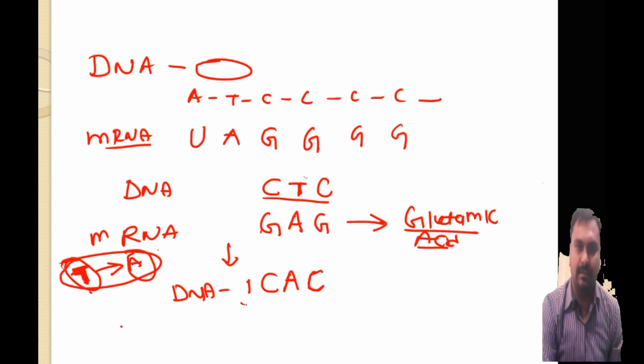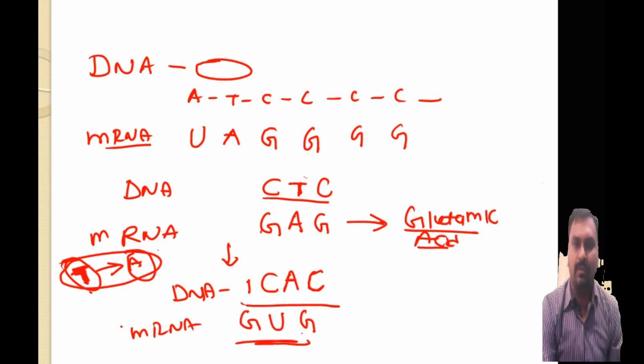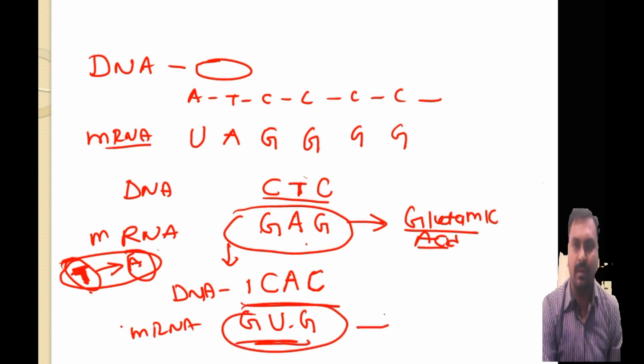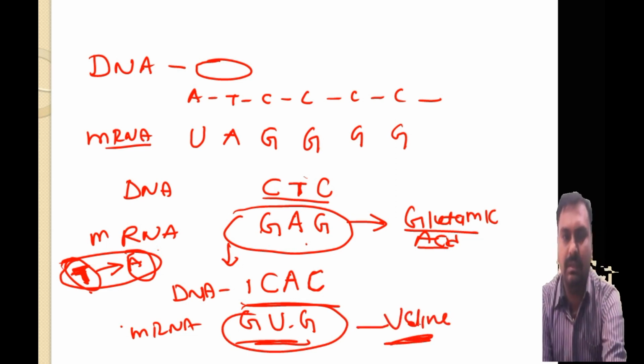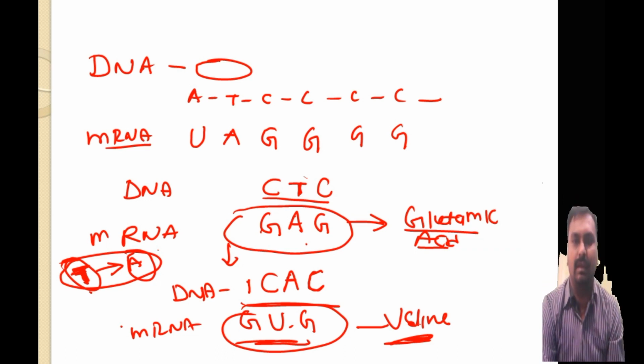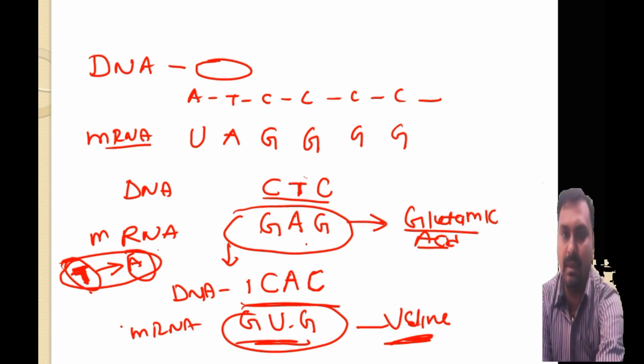And if there is CAC in the DNA, then the mRNA will form GUG. Every codon codes for a specific amino acid. GAG codes for glutamic acid, but GUG codes for valine. So there is only one change in a nitrogen base in the DNA, and the amino acid is replaced, and it leads to sickle cell anemia.